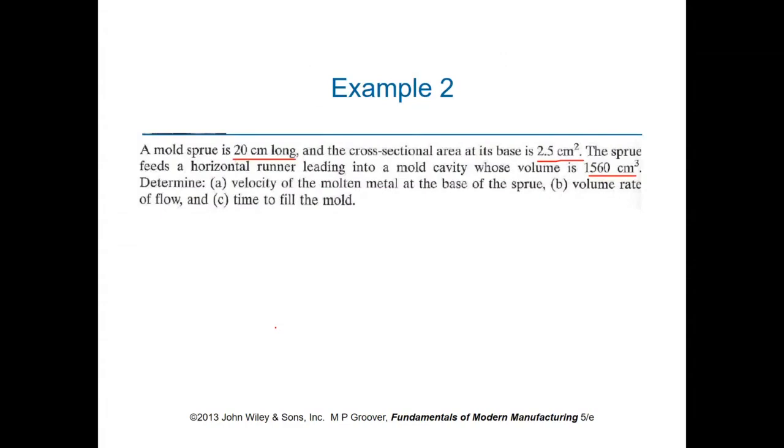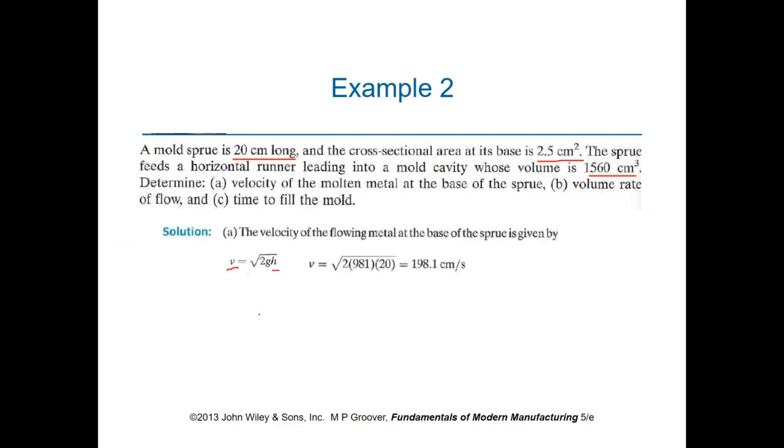And then in B, the volume rate of flow at that same place, and also the time to fill the mold. In order to compute this, we take the second equation from the equation sheet, and this gives us the velocity if we know the value of h. The value of h is already given, equal to 20, and g is a constant. So we substitute the values and get the answer.